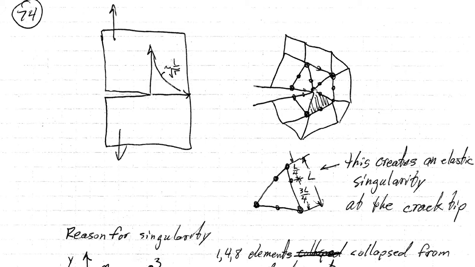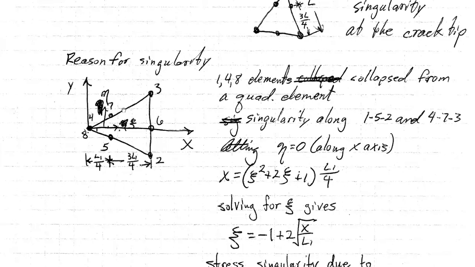So here's why. Basically, if you were to start with a quad element and compress this down to a triangle, and then move these points from the center down to the quarter point, we'll talk some more about this later, but basically on eta equals 0, that means you're moving along this x-axis. It can be shown that x is related to your local coordinate z in this form, and when you solve for z, you have an equation that looks like this.